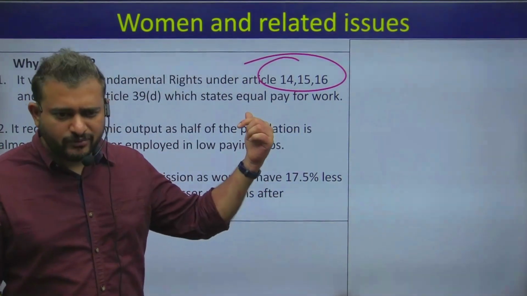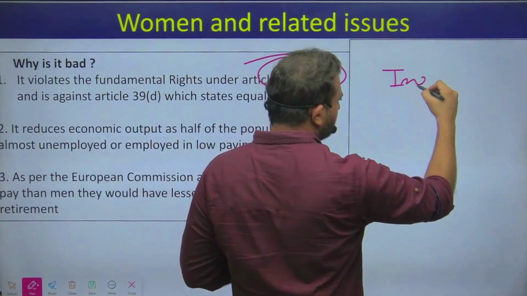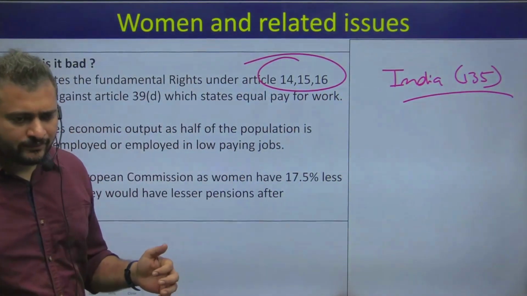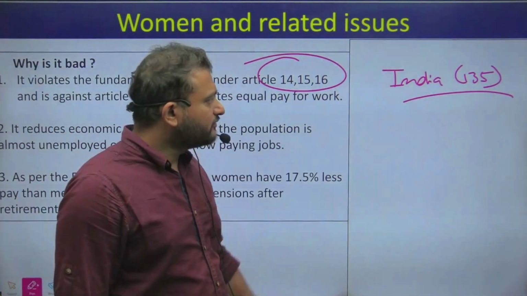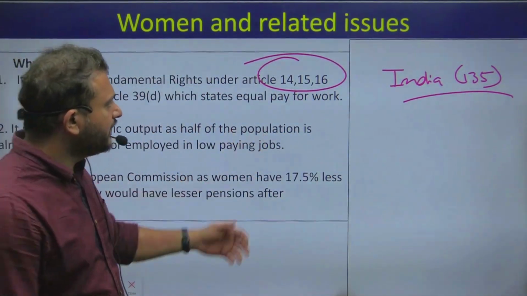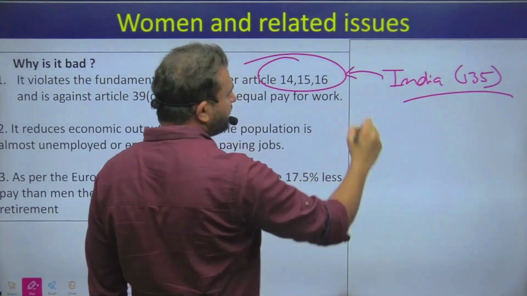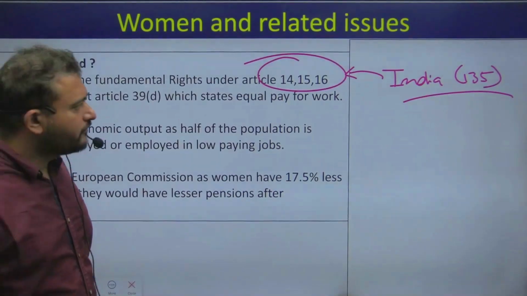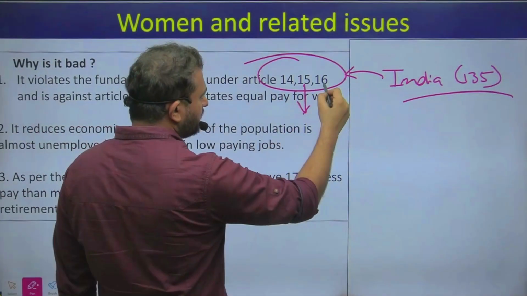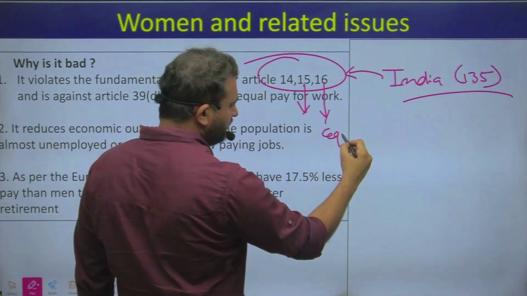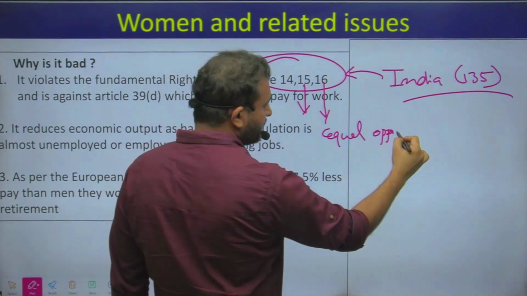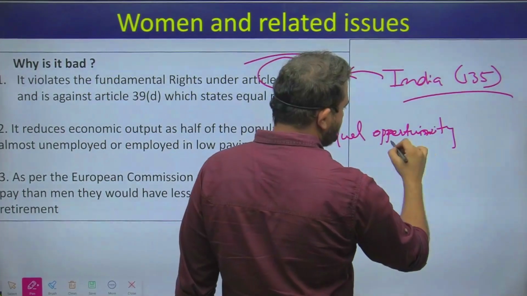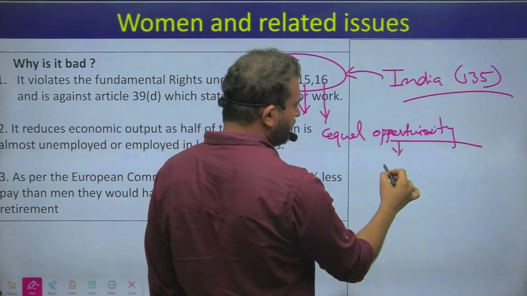That is what it reflects, because India has a 135 rank in the Global Gender Gap Index report. With the worst ranking, India didn't implement those rights properly: the right to equality, where there is equal opportunity, Article 16, got violated.